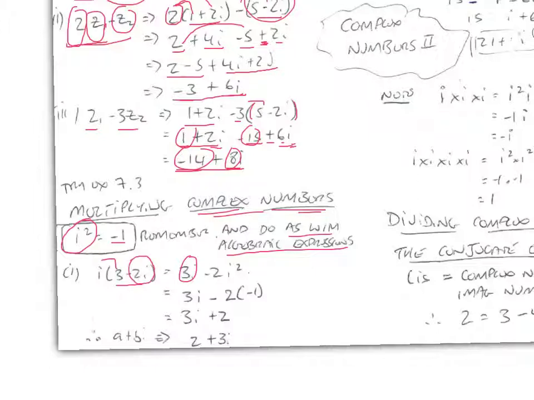So 3i minus 2i squared, we remember, i squared is equal to minus 1. So that's 3i plus 2, because minus 2 by minus 1 is plus 2. So to give our answer in the form a plus bi, our answer is 2 plus 3i.